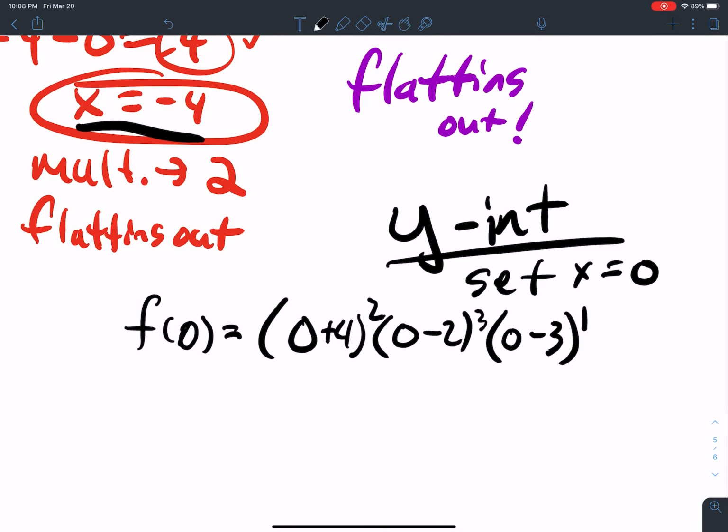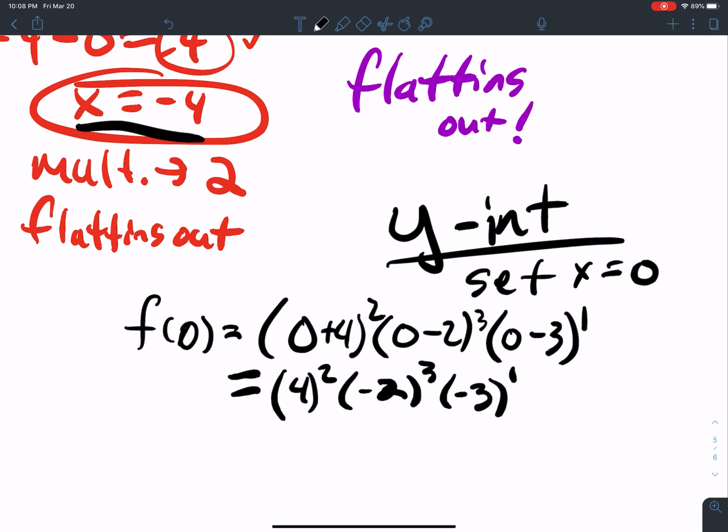That's f of 0. When I plug this in, what do I get? I get 4 squared times negative 2 cubed times negative 3 to the 1. Three negatives and 1 negative make 4 negatives, which makes a positive.